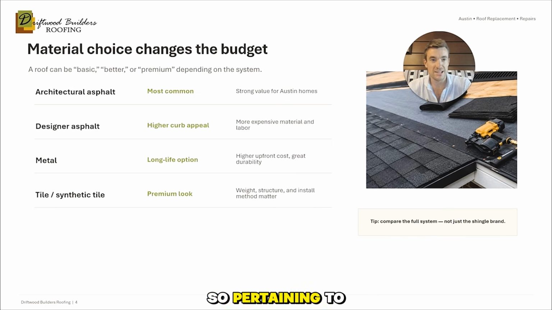So pertaining to the three types of roofs, asphalt shingles, metal, and clay tile are the top three most popular. Now in Austin, Texas, around 90% of roofs are asphalt shingle roofs. That's the default. Metal and clay tile roofs are around twice as expensive, but they also last twice as long. They're more unique, and some trends we're seeing is that customers are starting to switch to those more and more often.